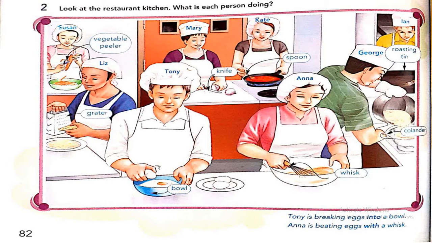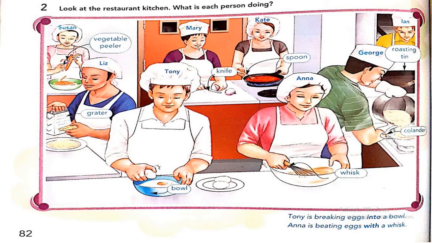Okay, so after we have a look at the kitchen tools, let's move to answer the question, what is each person doing? So please try to pause the video and answer the questions. And they give you two sentences.